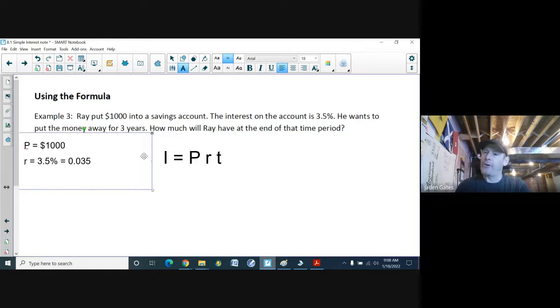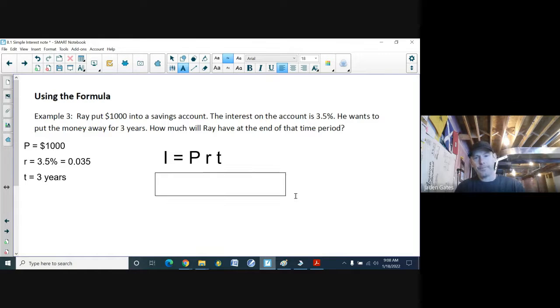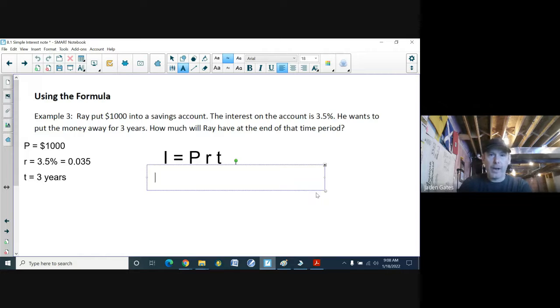All right. Now the third sentence. He wants to put the money away for 3 years. All right. Well, our time needs to be in years, and it is. So that's good. All right. So how much will Ray have at the end of the time period? Well, let's see here. I can figure out the amount of interest that he's made by investing his money because I know the principal is $1,000.